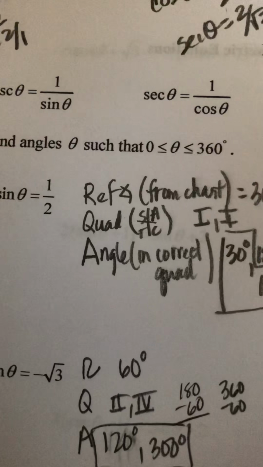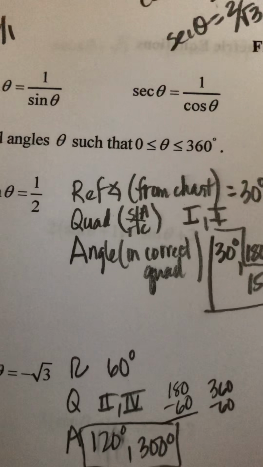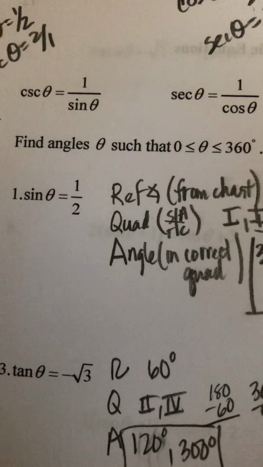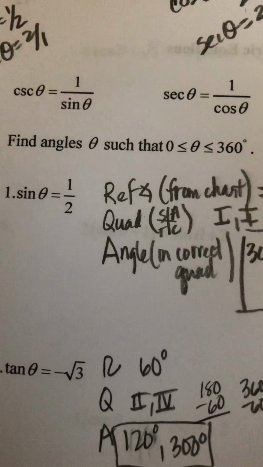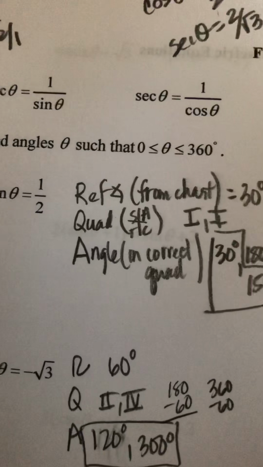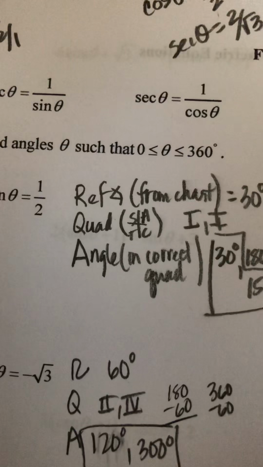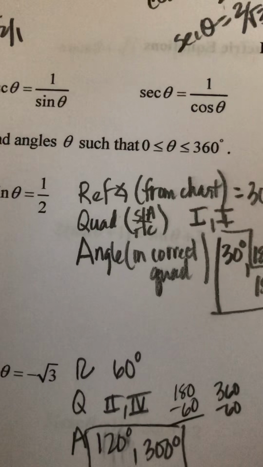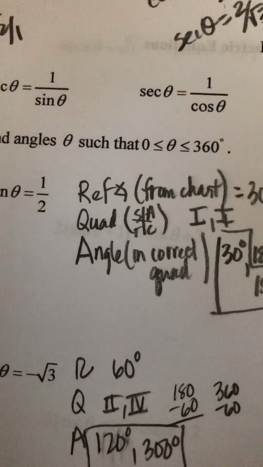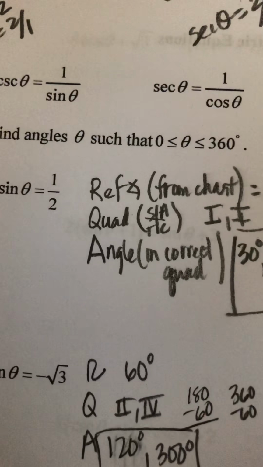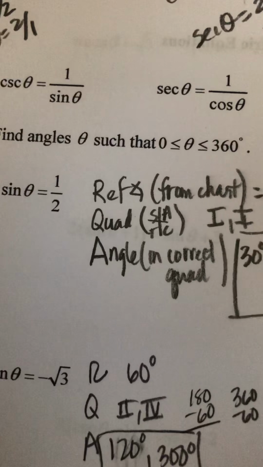Then Q in RQA stands for quadrant. This is where I use ASTC, and I look at my example, and I have sine theta is positive. So I say, okay, what quadrants is sine positive in? Sine is positive in quadrants 1 and 2. So that means I'm going to have two answers, an angle in quadrant 1 and an angle in quadrant 2. And that's what the A stands for, finding the angles in the correct quadrant.